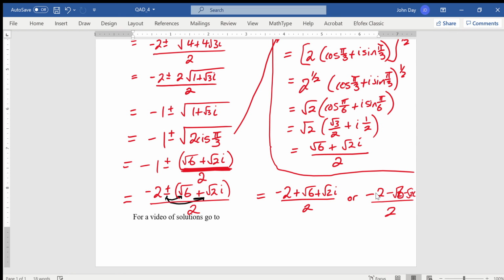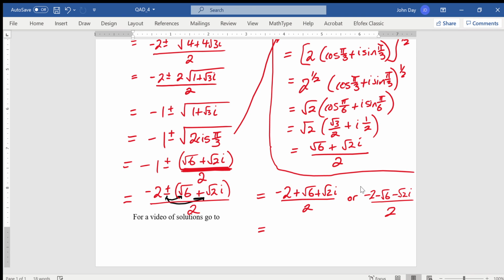All over 2. I think I could tidy that up just a tad, write it out more neatly. So doing that again, I get minus 2 minus root 6 and minus root 2i.